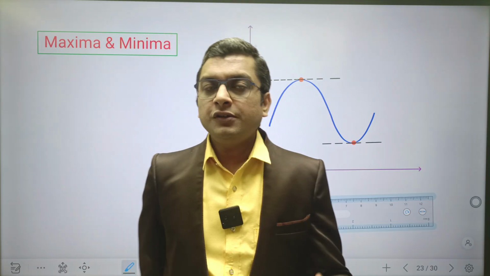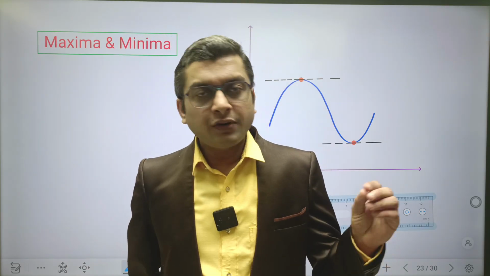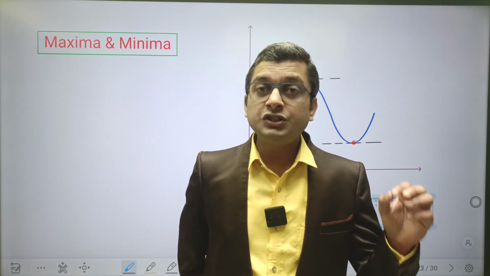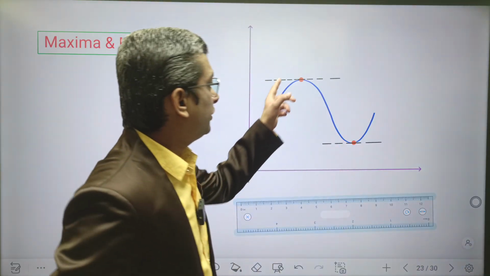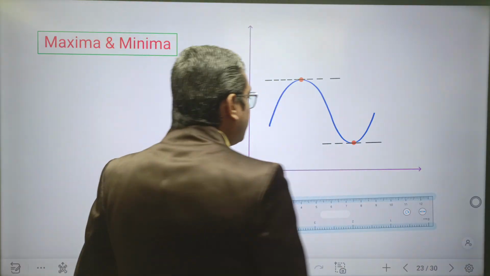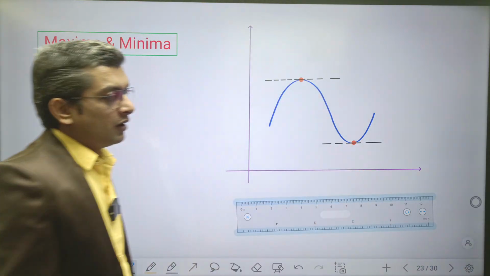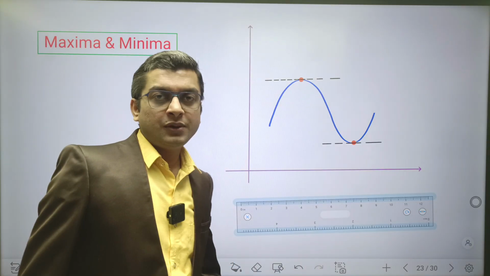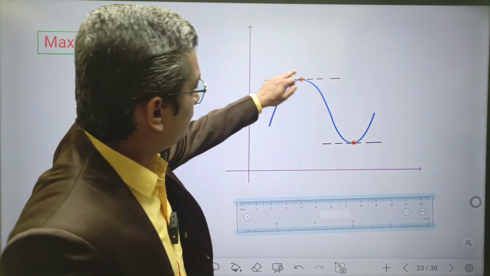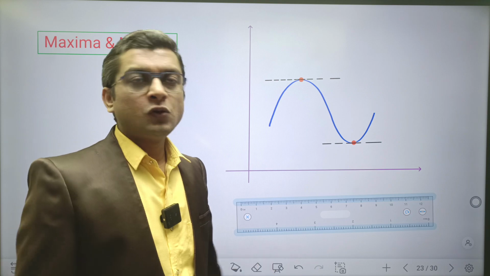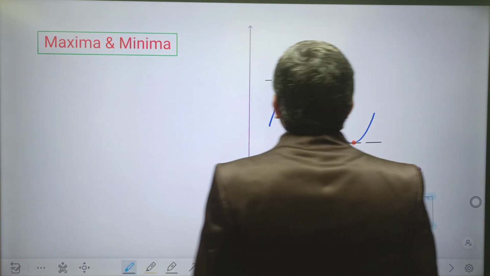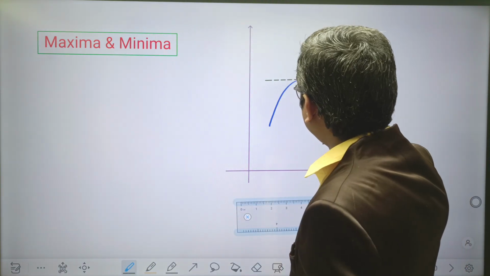So what is step number 1? Whenever the function achieves its maximum value, the slope is 0. Now how can we find out, of these two values, when we have the maximum and when we have the minimum, because at both points the slope is 0? So what we do is take two different points just before these points.